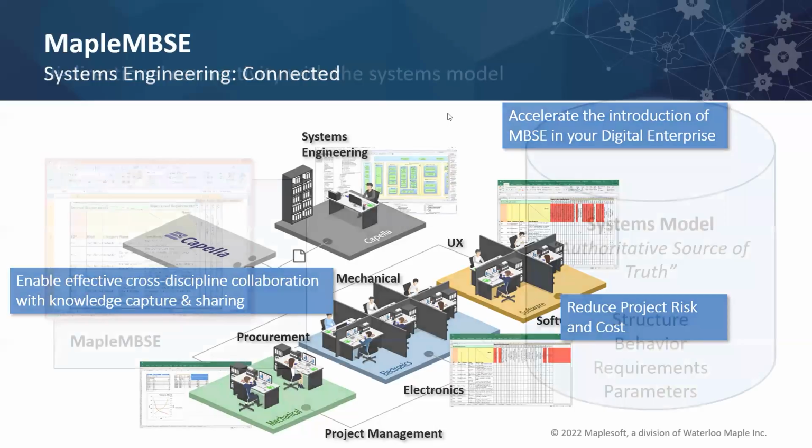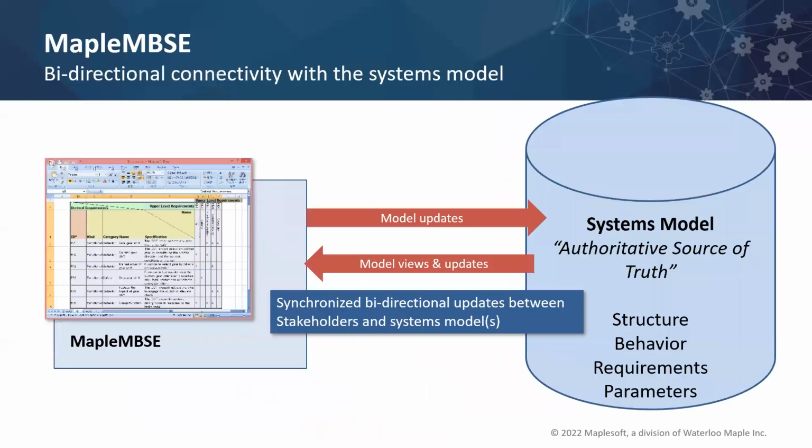MapleMBSE is able to achieve this because it maintains a bidirectional connection between the system model and the interface that we connect to the model. In our case, we are going to use Excel to connect to the system model, and it's going to get the information from the system model and display it in Excel. MapleMBSE is not doing an export and an import of information.